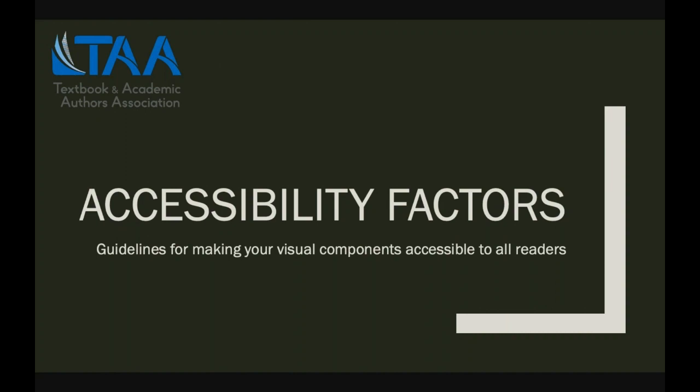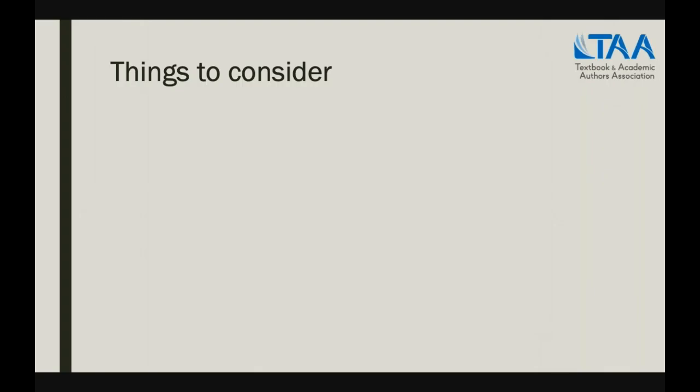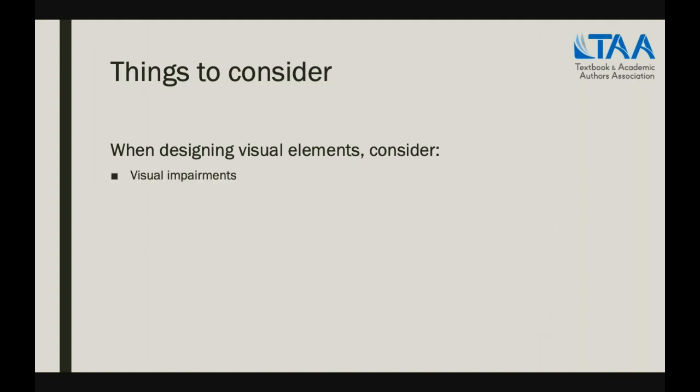So what we want to make sure we do is we consider what's important when we're designing visual elements. So we do need to consider people who have visual impairments. We need to, whether that is a print file, or an ebook, we want to consider things like contrast, things like labeling, things like captions.